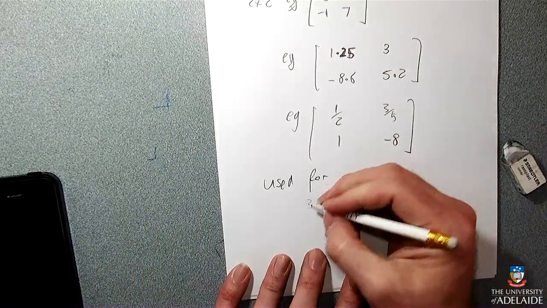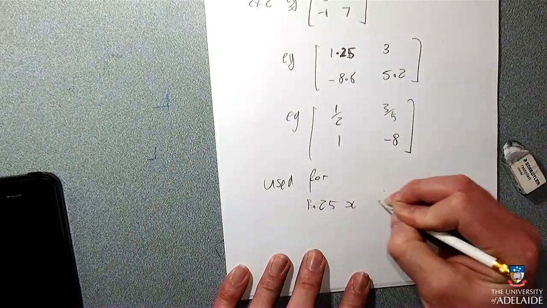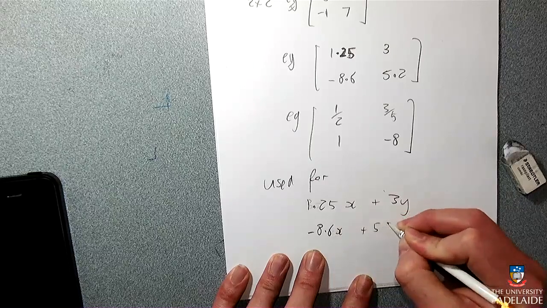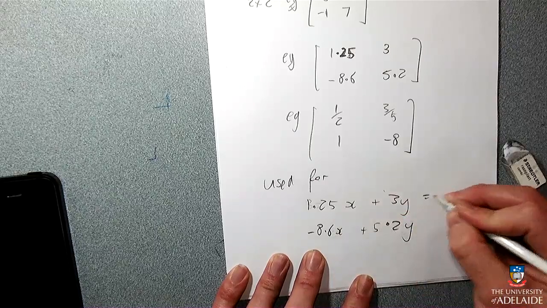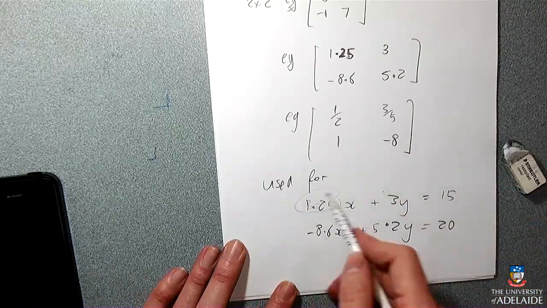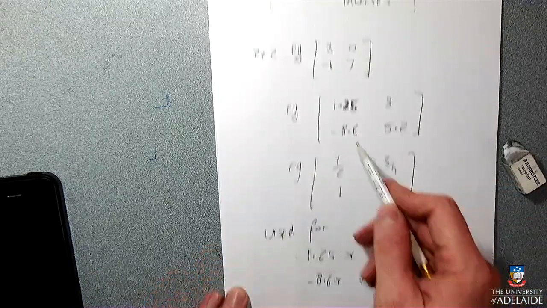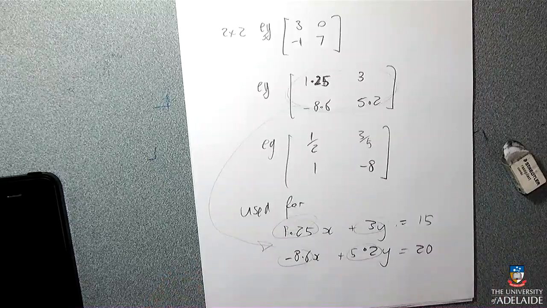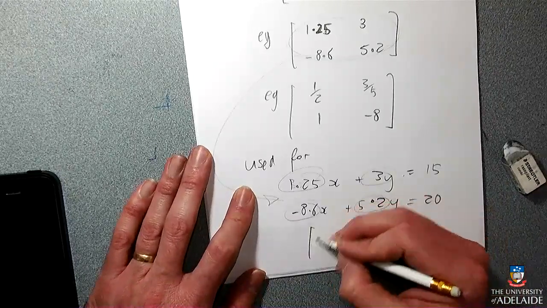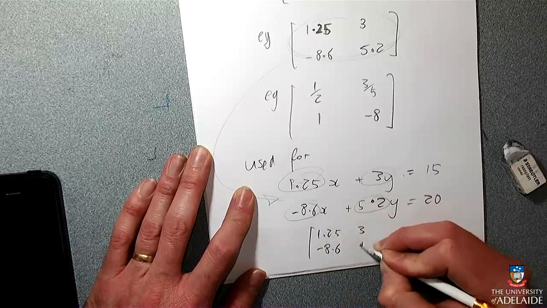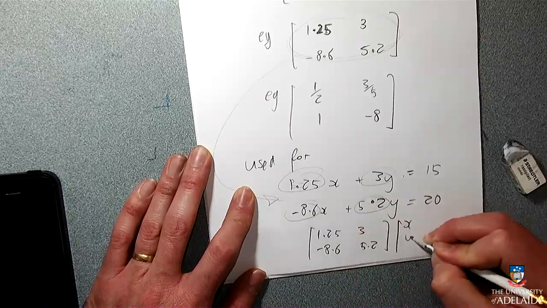You know, something like that, and these coefficients went together to produce this matrix. That's what you normally use them for. And so this would turn into that matrix, times x y.